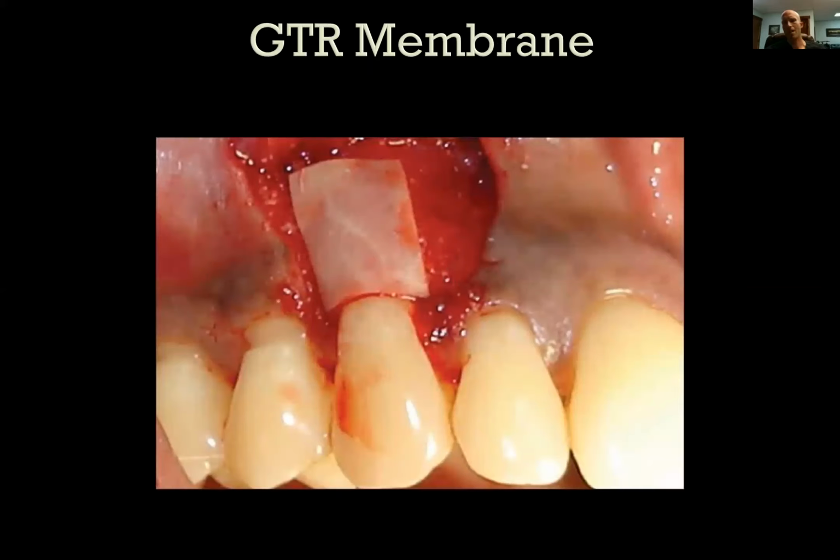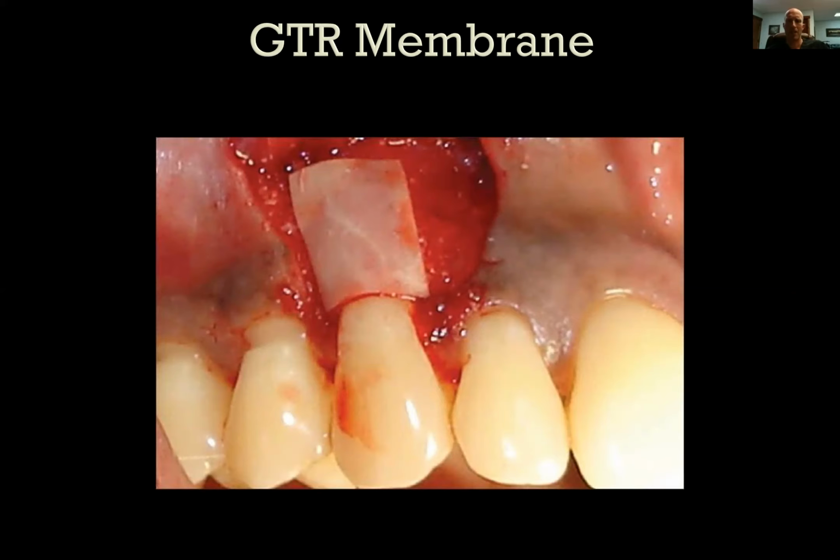And GTR, really popular back in the 90s with some Italian groups that were doing some research on GTR use in soft tissue grafting. It kind of fizzled out as newer techniques and materials came available. It's been kind of popularized again.